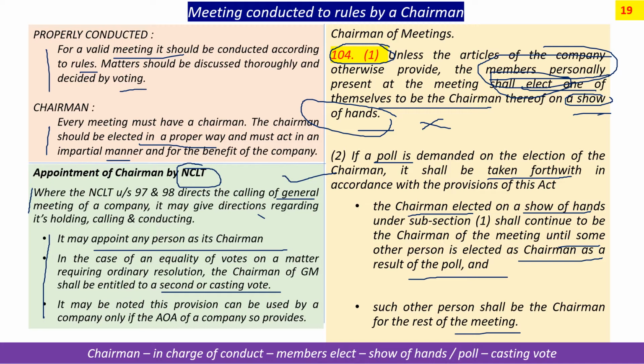And these rights of the chairman on a casting vote are always subject to the articles of the company. Chairman is selected by the members, and the chairman may also be appointed by NCLT when a meeting is convened by NCLT under section 97 or 98.